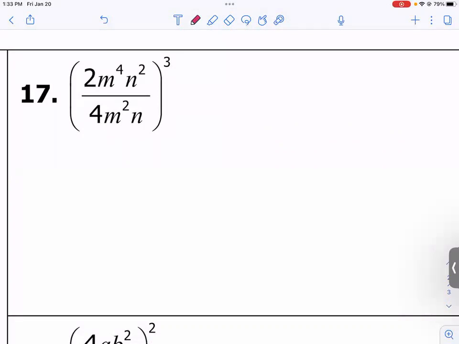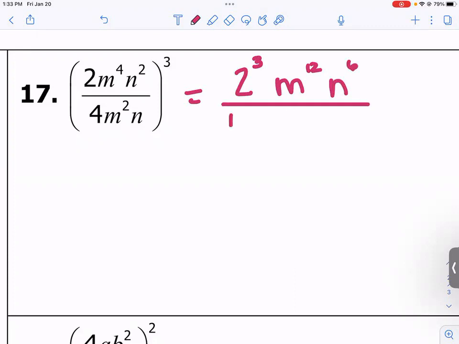Okay, I have a question. What do we do first? Like you already did the exponent on all of these. Okay, so you want me to do 2 cubed m to the 12th n to the 6th and 4 cubed m to the 6th n cubed?